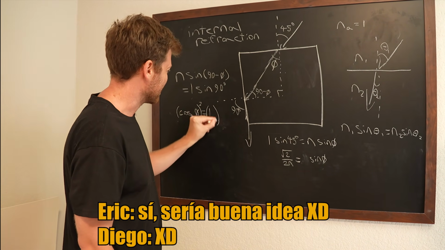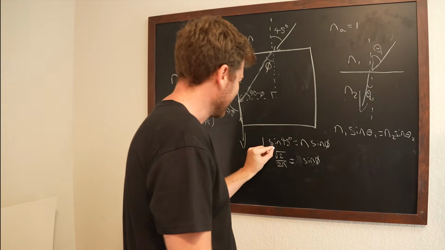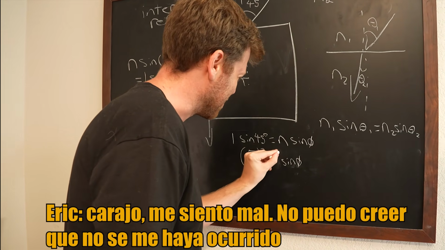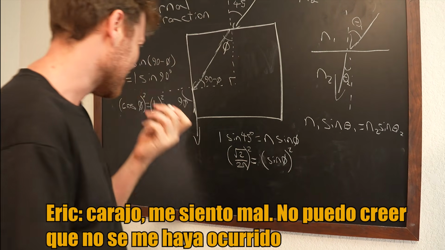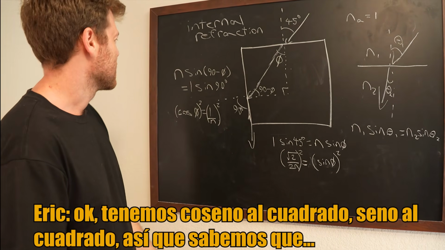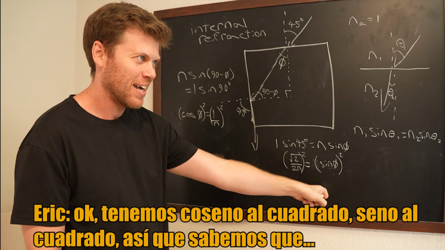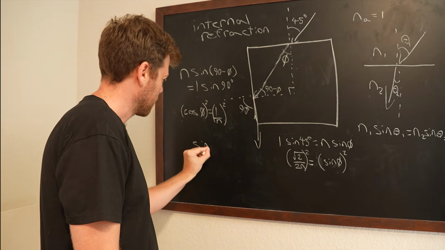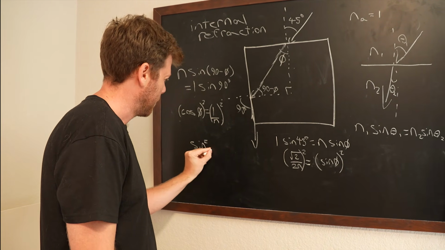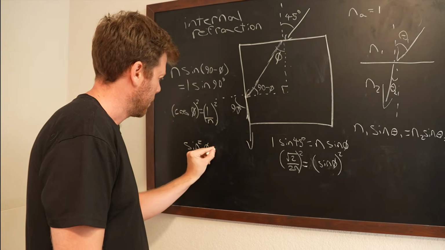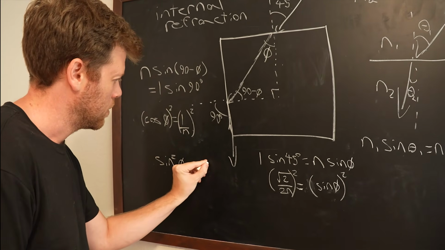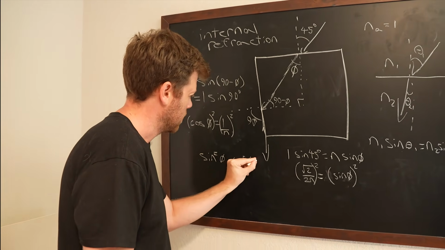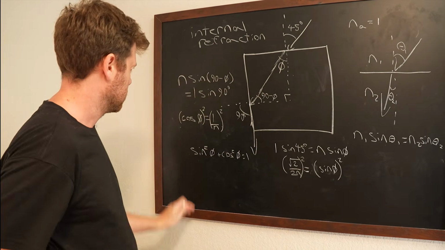Yeah, that seems like a good idea. God, I feel so stupid. I cannot believe I didn't think of it. Okay, so we have cosine squared, sine squared, so we do know.